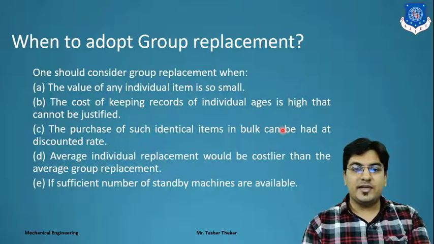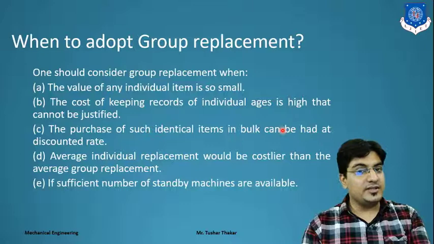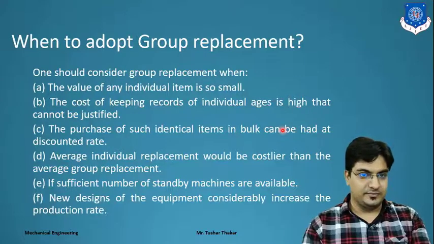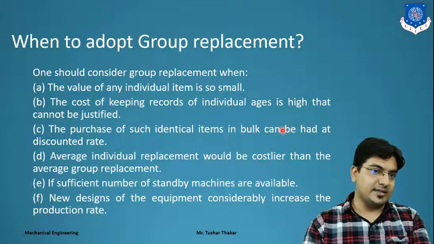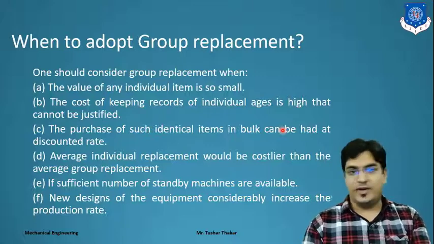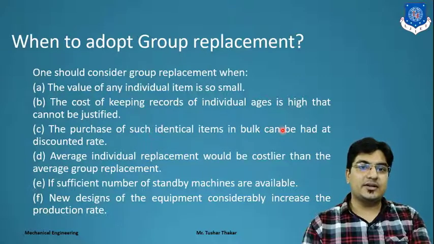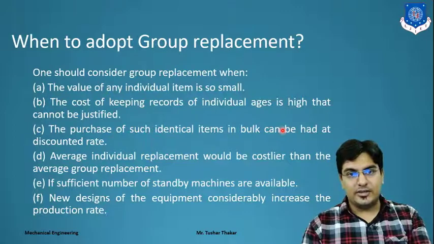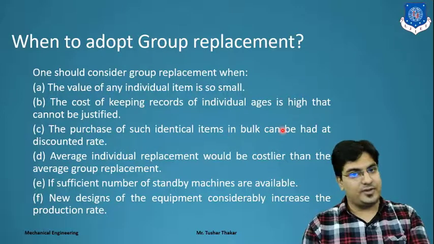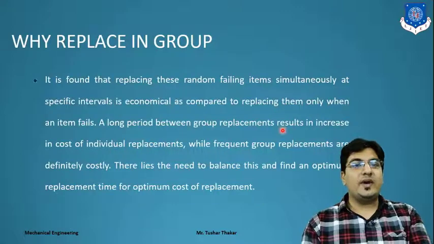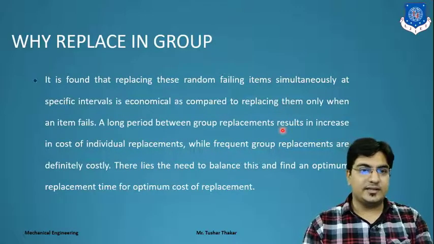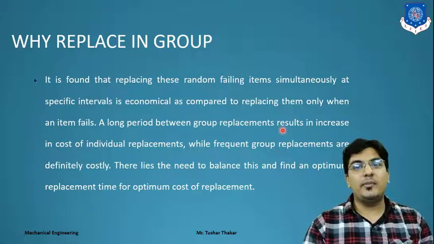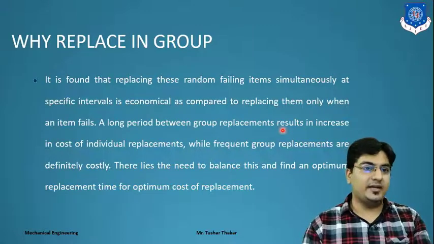If a sufficient number of standby items are available for the group replacement, at that time also we use group replacement. New designs of the equipment considering an increase in the production rate, that is, when some new technology is adopted and upgraded, we do group replacement also, right? So it is found that replacing randomly failing items simultaneously at a specific interval is economical compared to replacing them only when the item fails.